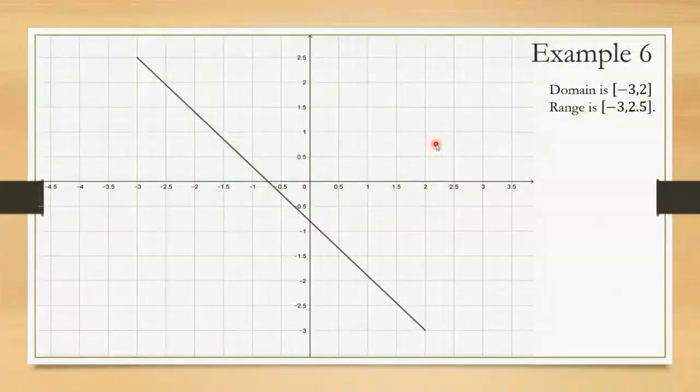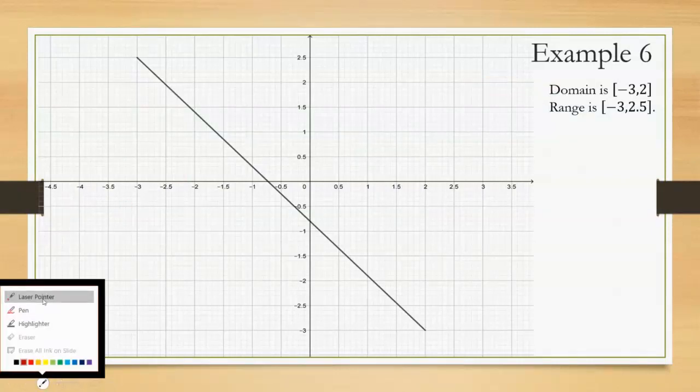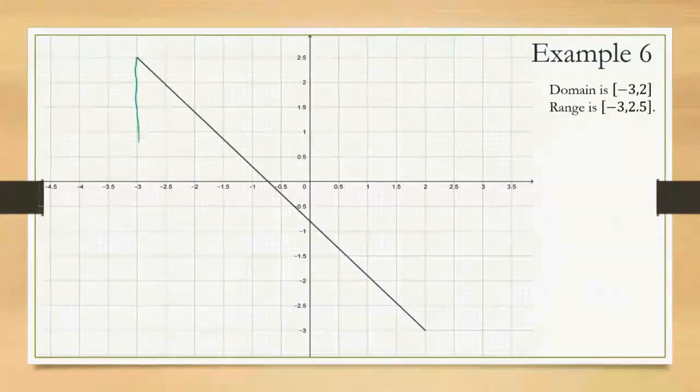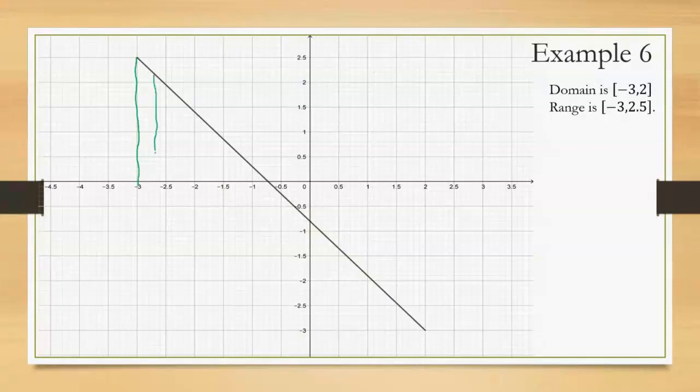All right, so now here, right? Let's do this one. Let's look at the domain first, okay? So let me get that wonderful pen right here. For the domain, we have to imagine taking the graph and pushing it down onto the x-axis and seeing what we cover, like so, okay?